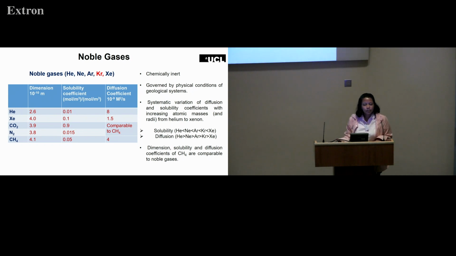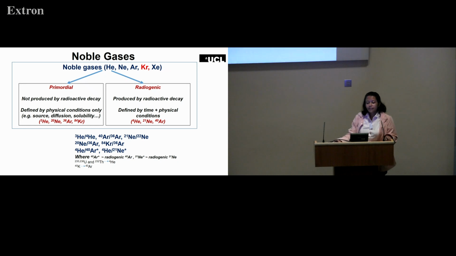So we have a range of noble gases starting from helium, neon, argon, krypton, and xenon that show a systematic variation in their sizes and systematic variation in their solubility and diffusion coefficient. So it gives us a very good tool. It's very handy if we want to look at the processes that led to any kind of fluid losses from the shales.